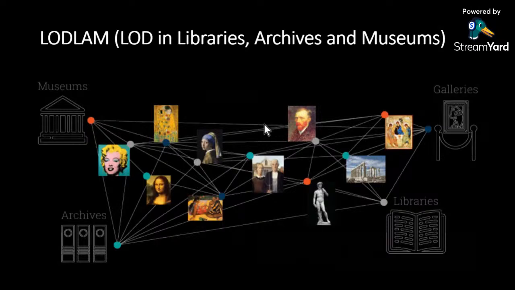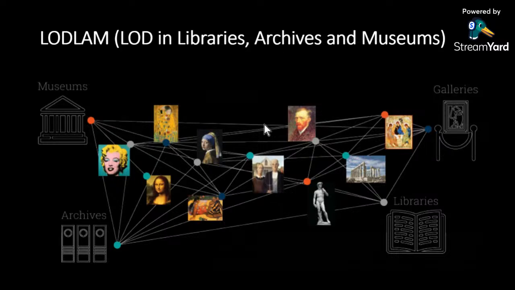So I wanted to give you a super quick overview about this idea of the LOTLAM, which is bringing the potential of linked open data to the GLAM sector. So it's linked open data in libraries, archives, and museums.